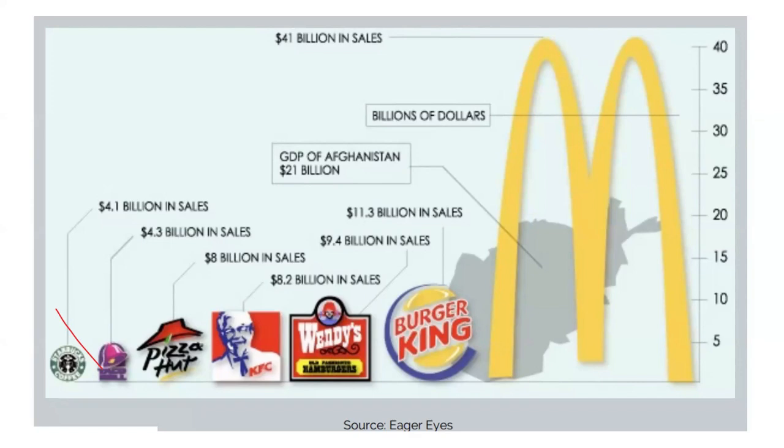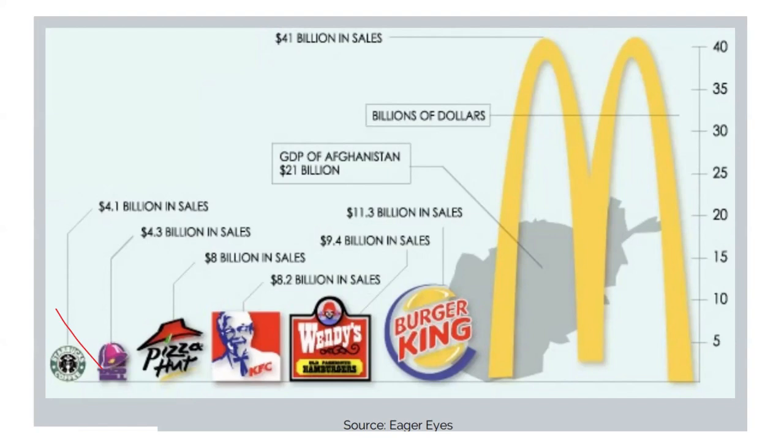And not every logo is square. Not every logo has the same proportion. So it's very difficult to come to grips exactly what it means. What's fantastic about this is they've popped in the back the GDP of Afghanistan at 21 billion.